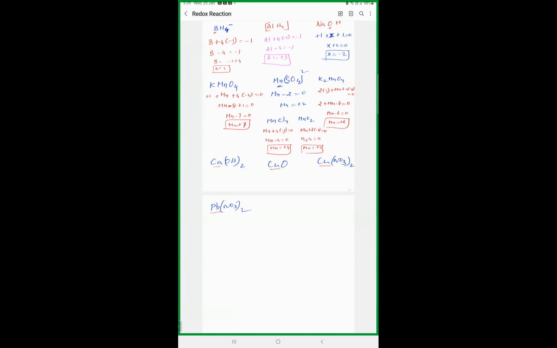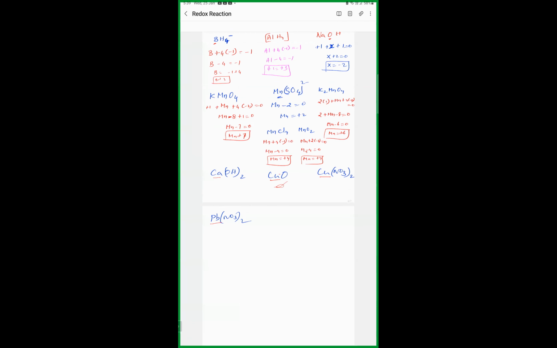How much for the copper oxide? This one is minus 2, sir. This is plus 2. What about this? Minus 2, sir, for copper.